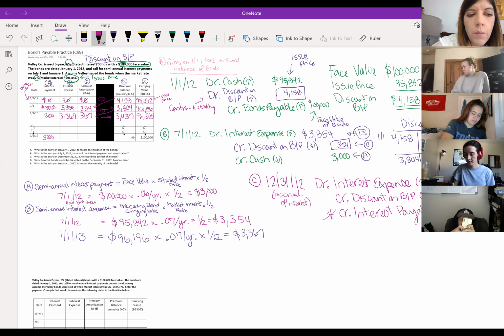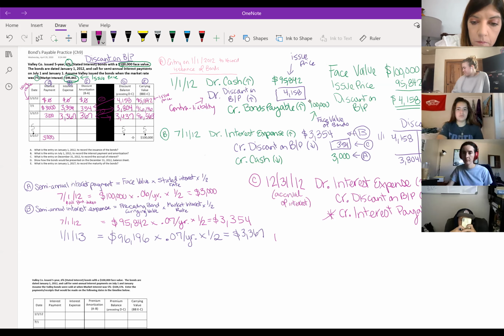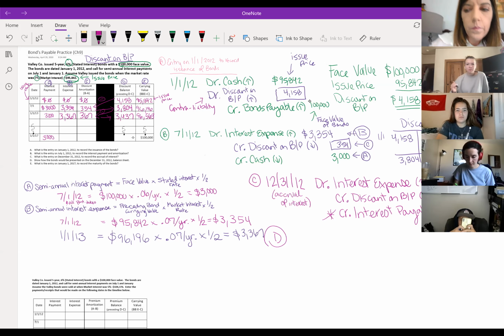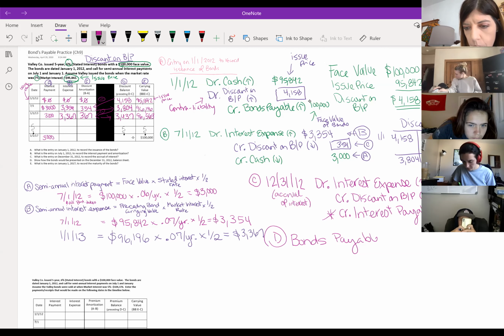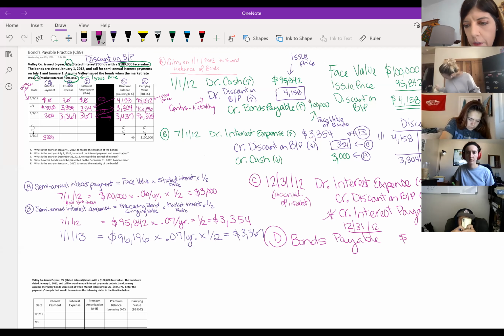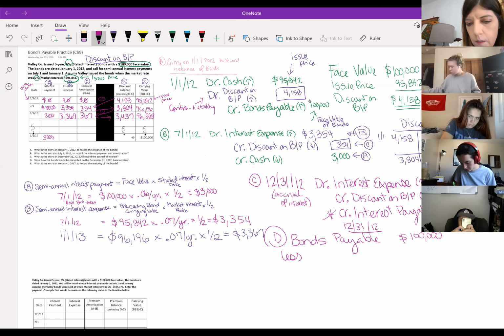For Part D, show how the bonds would be presented on December 31st, 2012 balance sheet. So we would have bonds payable for 100,000 because that's the face value, less discount on bonds payable.